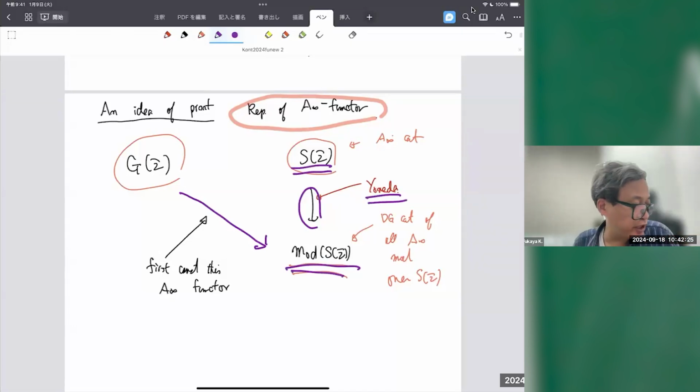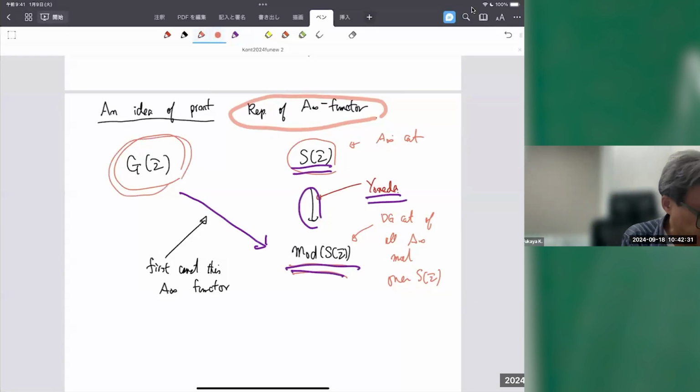So now the idea of the proof is twofold. First, we cook up this functor from this gauge theory category to the category of modules. That is the first step. And the second step is to show that for each object, the module we want to prove is representable.